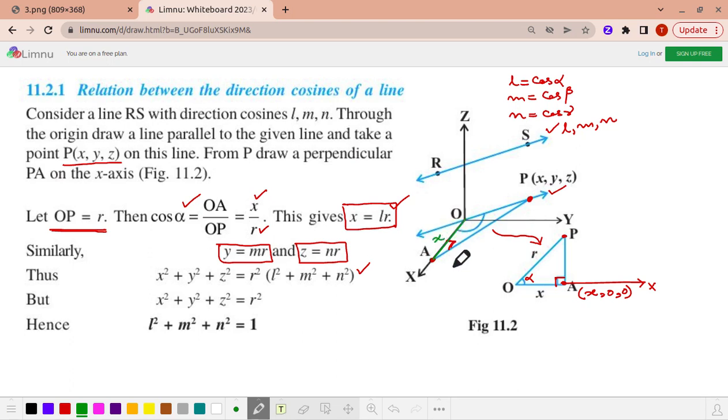Then from that point A we will draw a line parallel to the y-axis and come to this point.